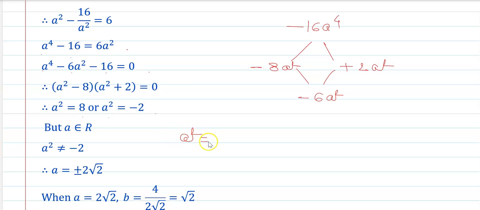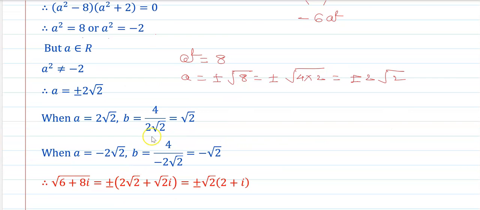If we take a square is equals to 8, then what is its square root? That a is equals to plus or minus root of 8. But root of 8 can be written as root of 4 into 2. What is the square root of 4? It is 2. 2 root 2. Once plus, once minus. That is b is equals to 4 upon 2 root 2.